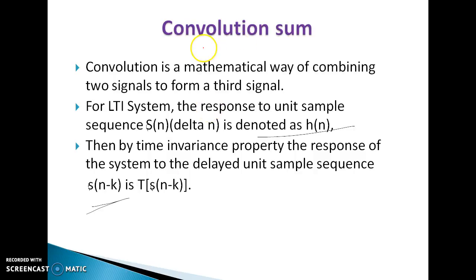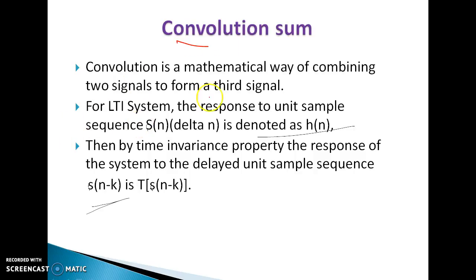Now the next topic is convolution. Like addition in mathematics, which adds two numbers, convolution in digital signal processing combines two signals and generates a third signal. So basically, it accepts two signals as input and generates a third signal.